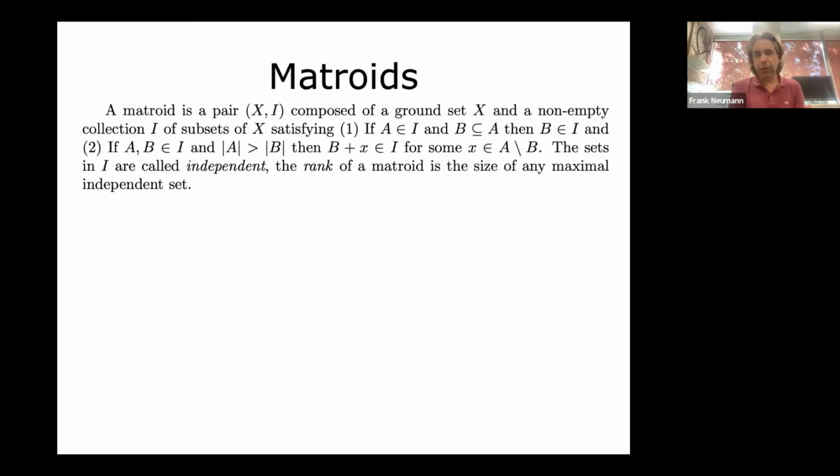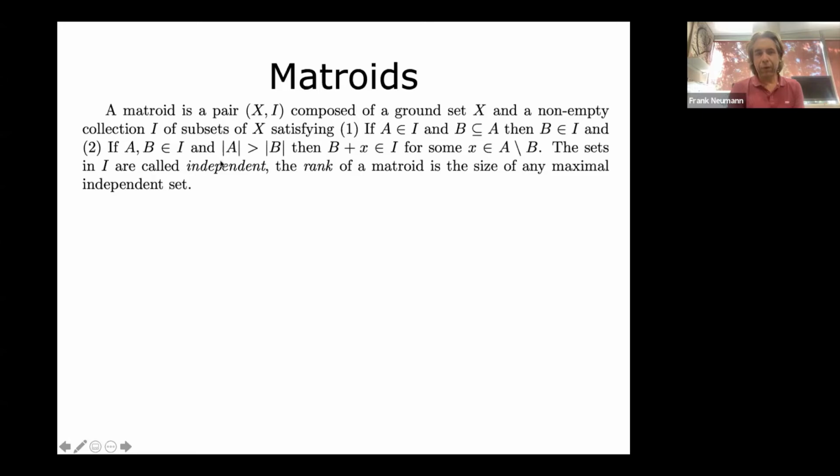And what is important in that setting is also the set of constraints, and there are different types of constraints that you can consider. One quite general thing is a matroid. A matroid is: you're given a ground set, and you have a non-empty collection of subsets of your ground set, and certain conditions are fulfilled. If A is in this collection, then any subset is also in that collection.